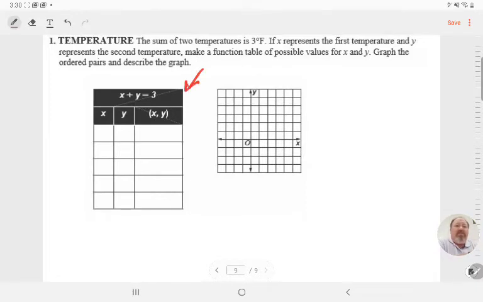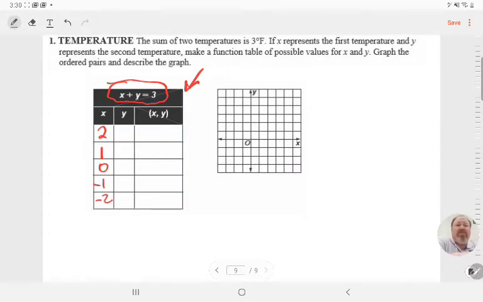So here's the table that I'm going to be making. Here's my rule that I set up. X plus y equals 3. And then I can just plug in whatever numbers I want. And what I would do is plug in my x's. So I could go 2, 1, 0, negative 1, negative 2. Okay?